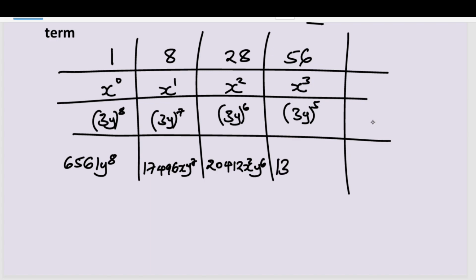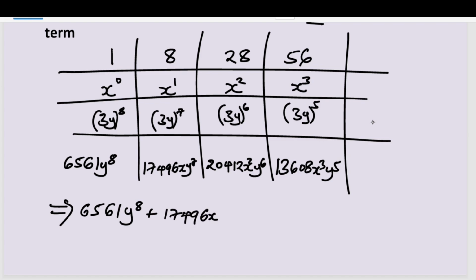So we get 13608 x cubed y power 5. So the final answer is 6561 y power 8 plus 17496 x y power 7 plus 20412 x power 2 y power 6, then finally plus 13608 x cubed y power 5.